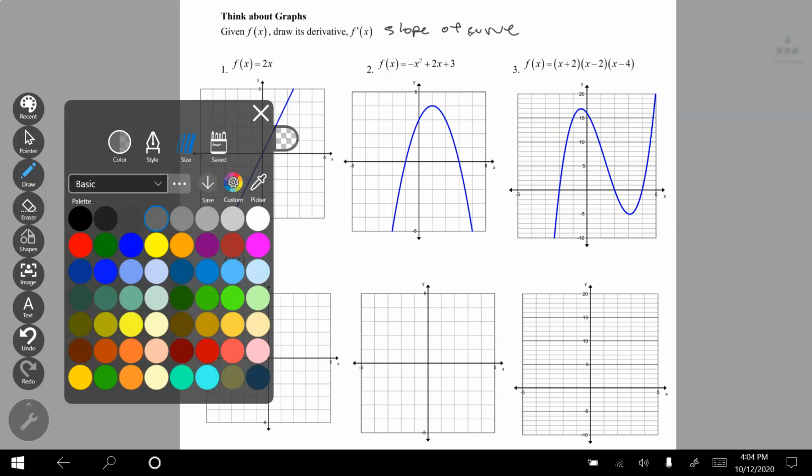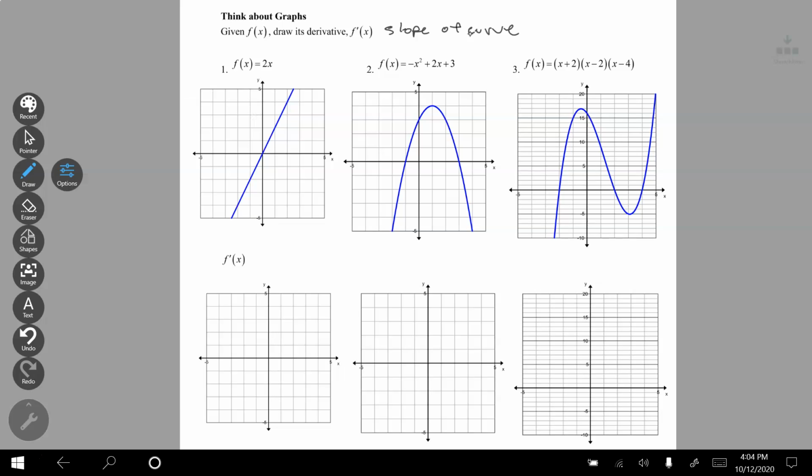Okay, so this first one is pretty easy. It doesn't matter where you go. If you go between these 2 points, the slope is 2, or these 2 points, the slope is still 2, or any 2 points anywhere, the slope is always 2.